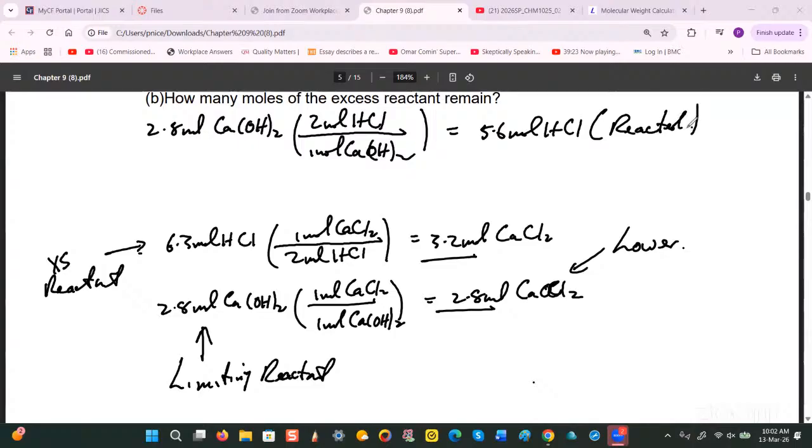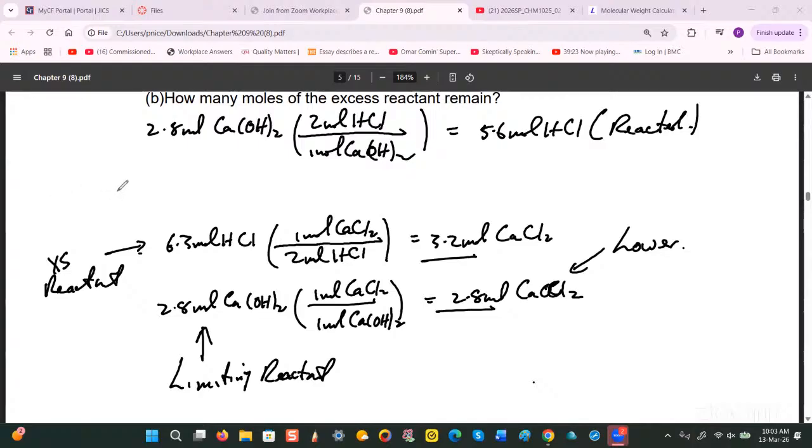Now, please note that this is the amount of HCl that reacted. What the question is asking for is the amount of HCl that remains. So how do we find that? We take the initial amount of HCl and subtract the 5.6 moles that reacted.